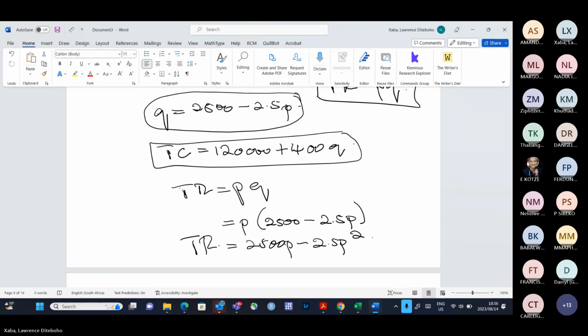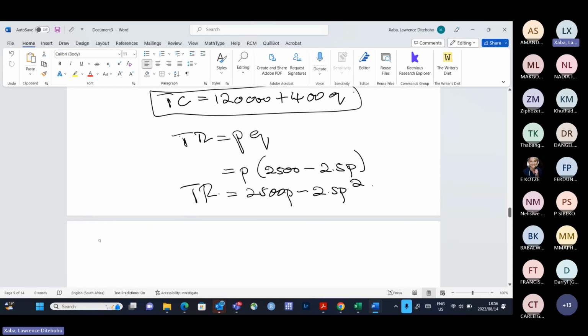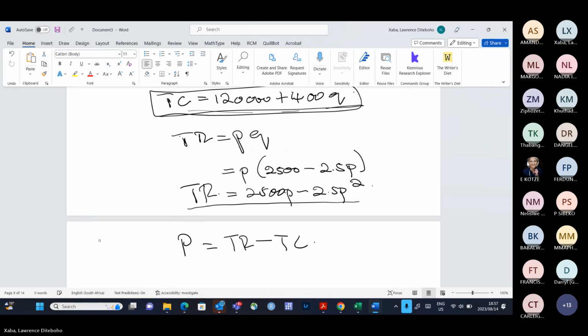So this is our quadratic equation. We're going to take this quadratic equation and also the given function of total cost to find the profit, which is TR minus TC.